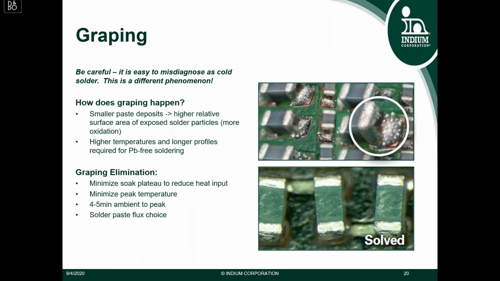Graping. Graping is a solder defect that happens because as paste deposits get smaller and smaller, the heat from the reflow step affects them more than larger paste deposits because of the smaller thermal mass. The particles in the solder paste oxidize and do not coalesce very well. This is also more common as particle size in the solder paste becomes smaller.